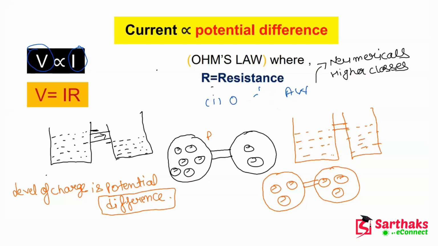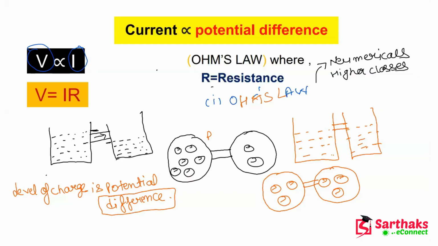Now, this current depends on the potential difference. Why? Because the more the potential difference, the higher the current that will flow.